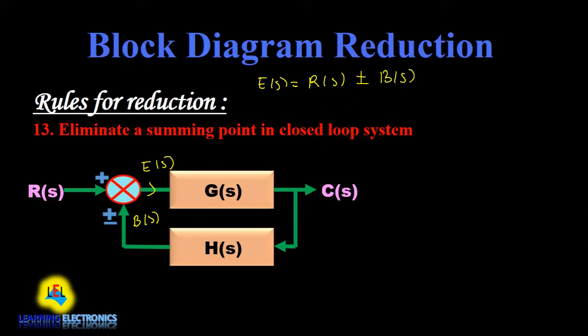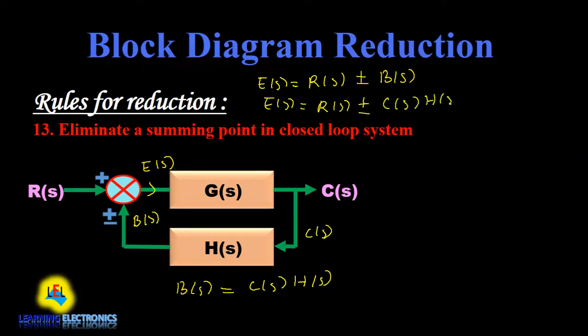Now what is B(s)? This B(s) is the output of this H(s). Here C(s) is coming as input to this H(s), so B(s) will be equal to C(s) into H(s). So we put the value of B(s) in this equation. We get E(s) is equal to R(s) plus minus C(s) into H(s).